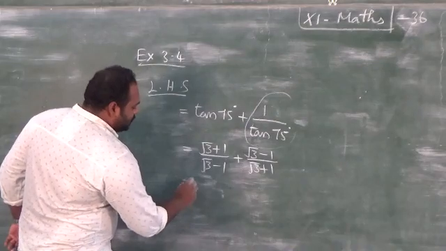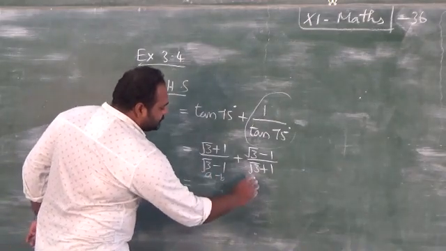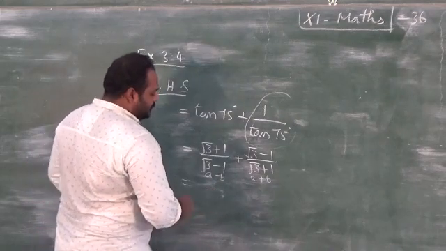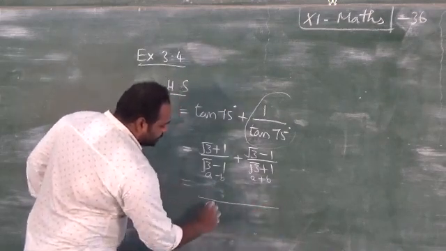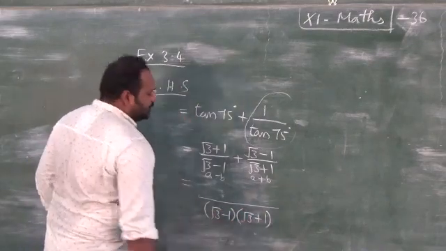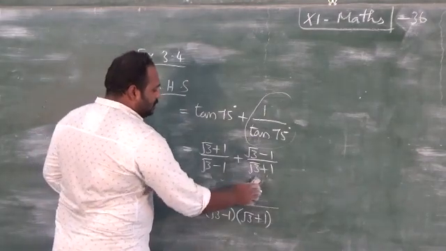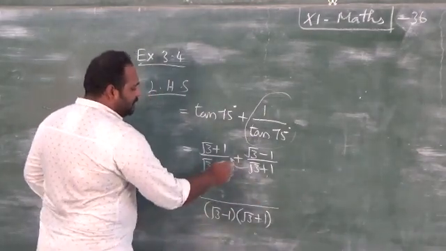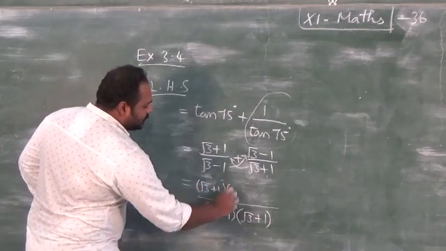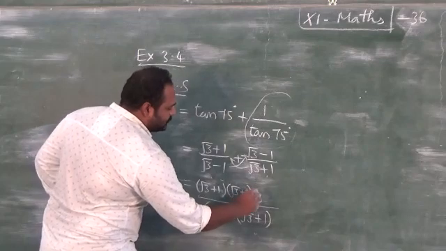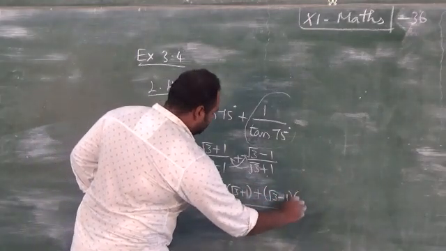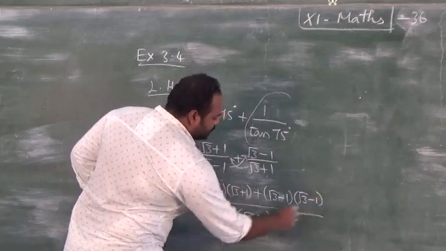Now we multiply the denominators for the LCM. We have to cross multiply in the numerator: root 3 plus 1 into root 3 plus 1, plus root 3 minus 1 into root 3 minus 1.